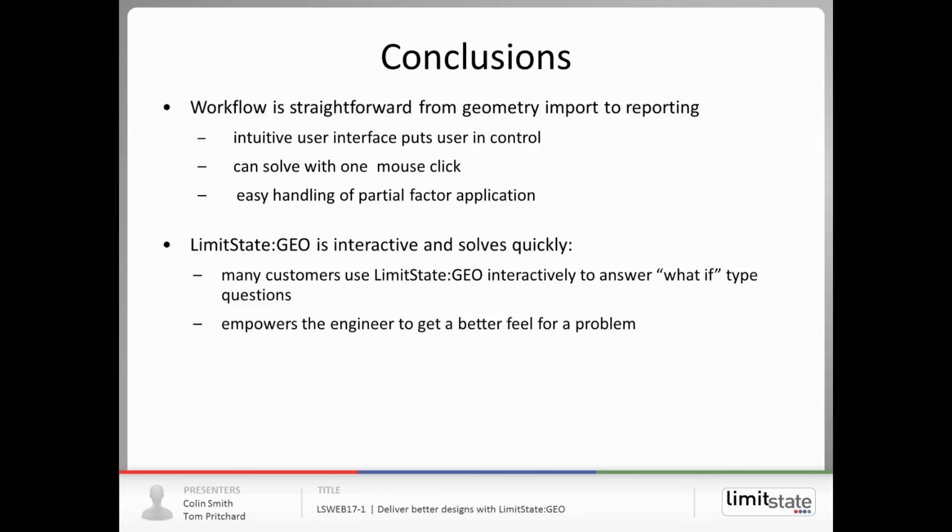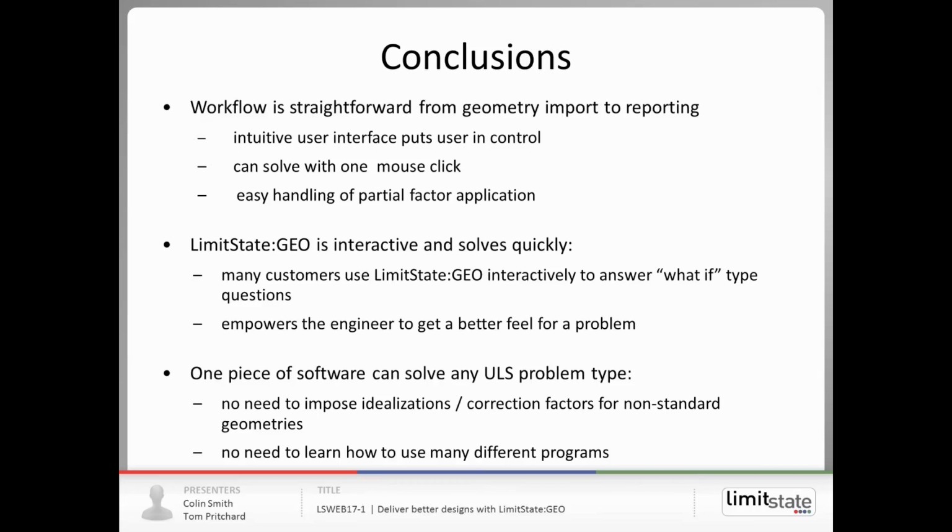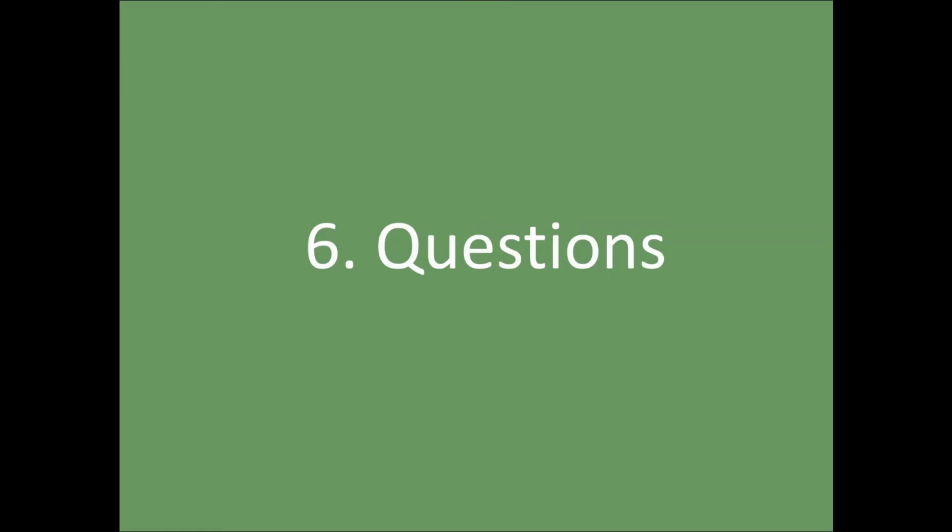It's very interactive, so a lot of our customers use the software to answer what-if type questions, get a good feel for a problem, and see what's controlling stability. And you can use one piece of software to solve any ultimate limit state problem type, so you no longer need to impose idealizations or correction factors for non-standard geometries, or learn how to use many different programs. So I will wrap up there, and we have some time for some questions.